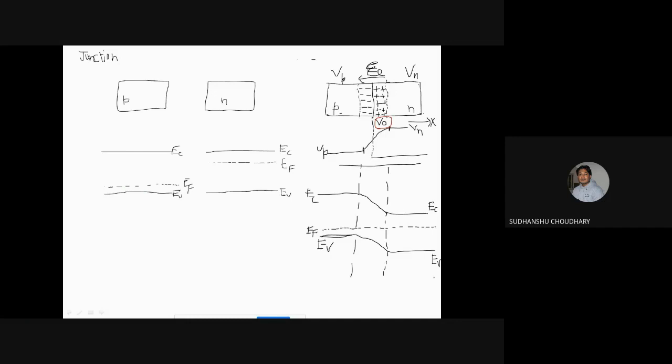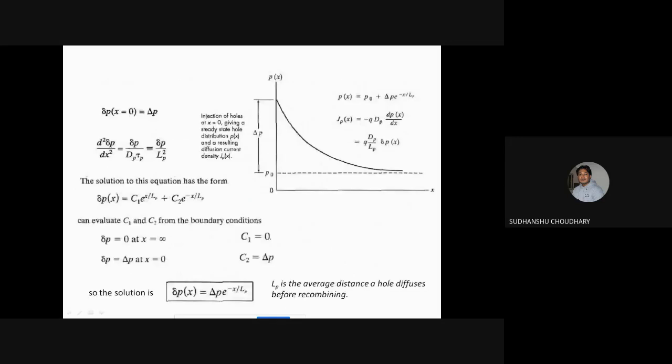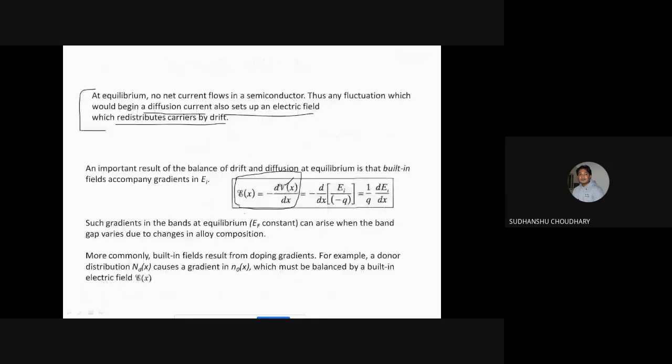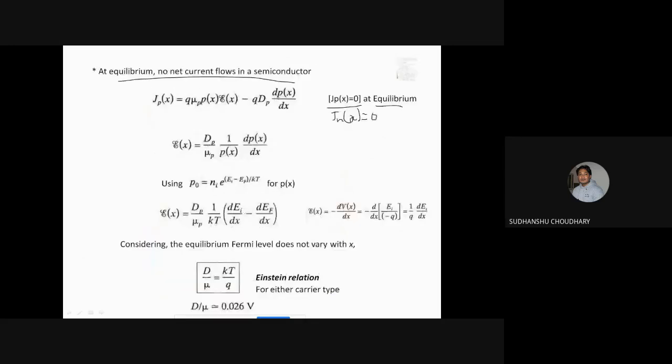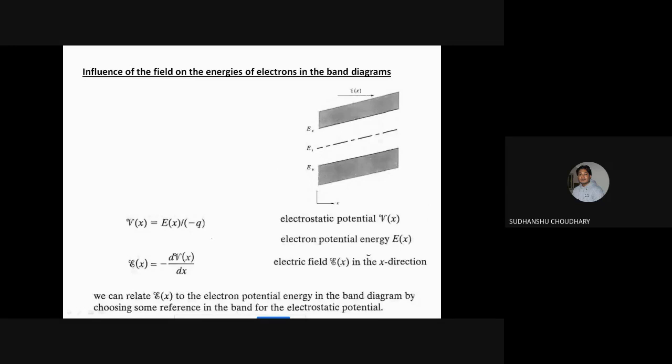So again, I'll go back and show you the relationship between electrostatic potential and potential energy of the electrons, which we had seen some time back. So this is my electrostatic potential, and this is the potential energy of the electron.